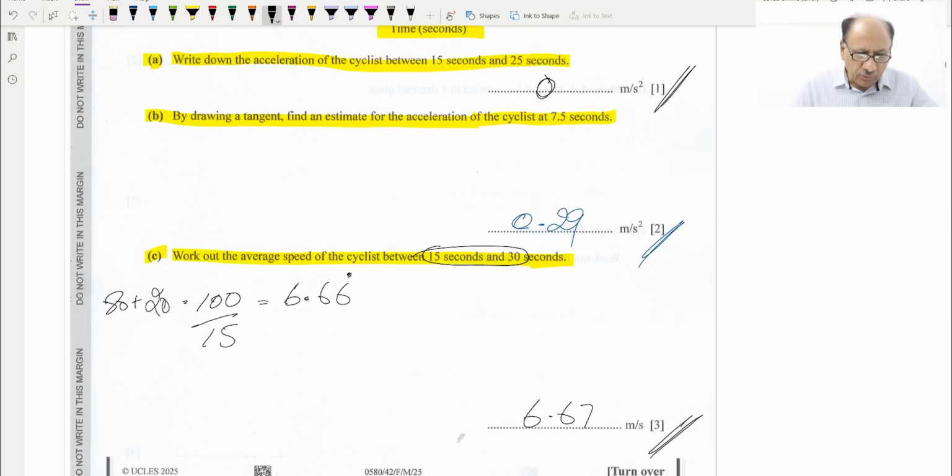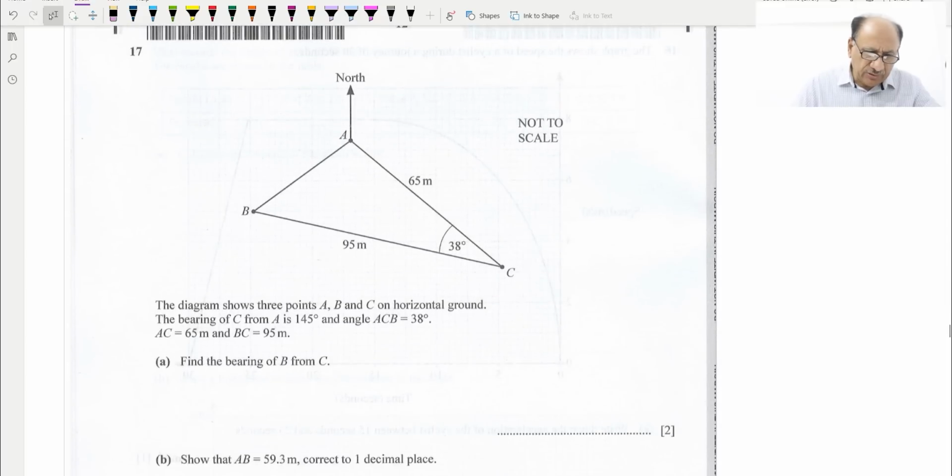Hopefully you understood this. Now question number 17 is a bearing question. Diagram is not to scale. The diagram shows 3 points A, B, and C on horizontal ground. The bearing of C from A is 145.